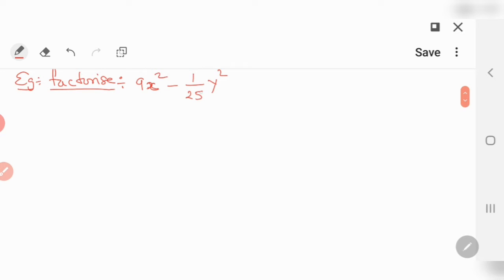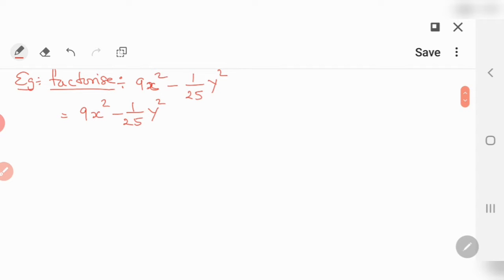So that is the sum given to you and you have to factorize it. So you write here 9x square minus 1 by 25 y square.